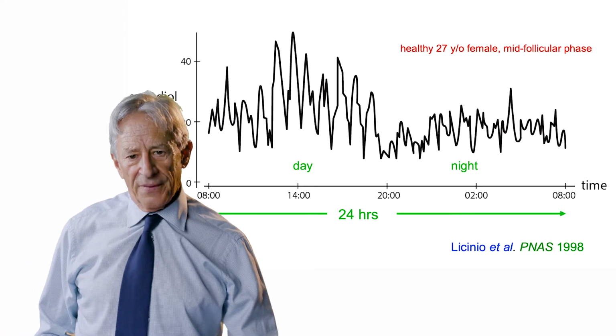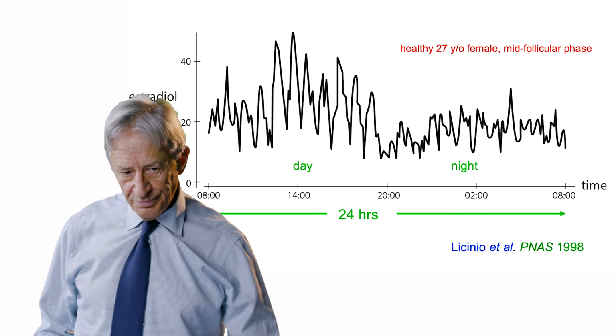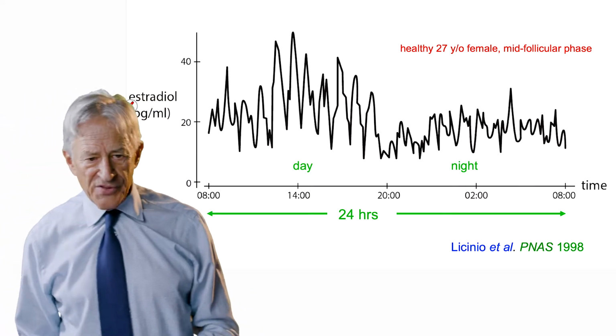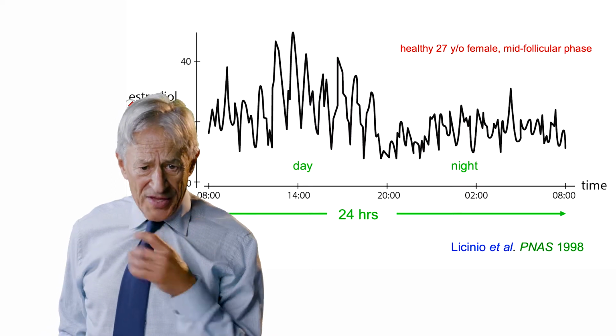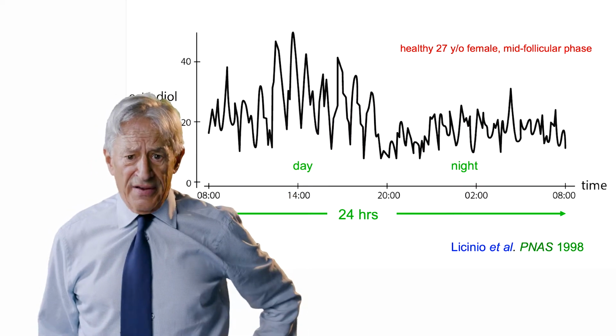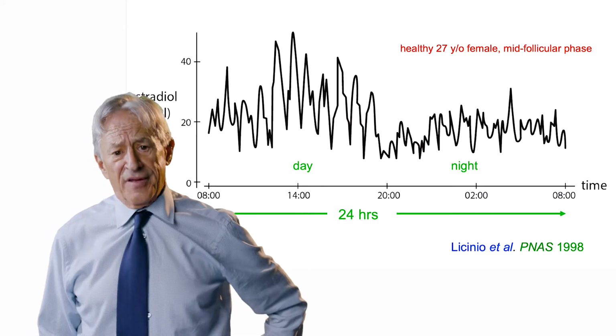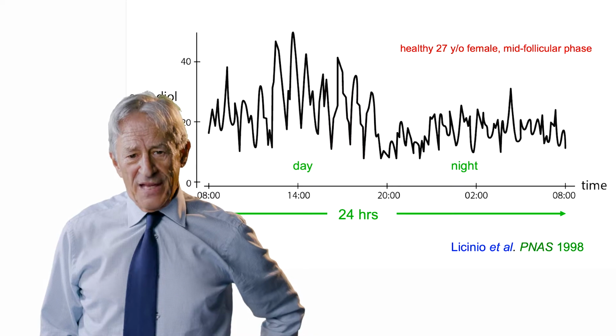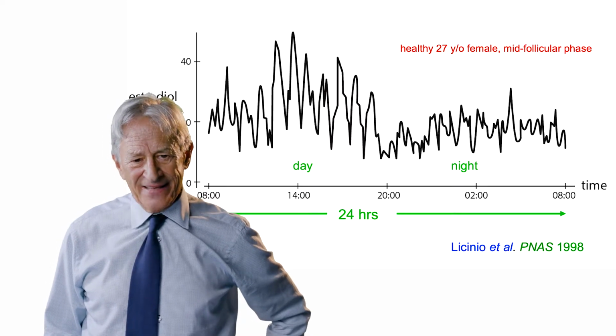Let's look at the data. Here's estradiol, principal female sex hormone. Here's estradiol over 24 hours in a healthy 27-year-old female. Is that being maintained at a constant level?